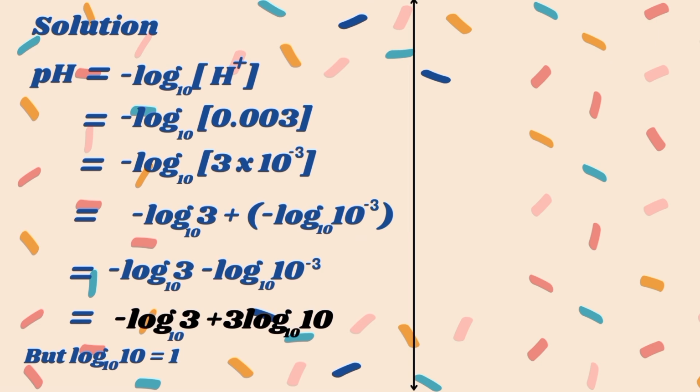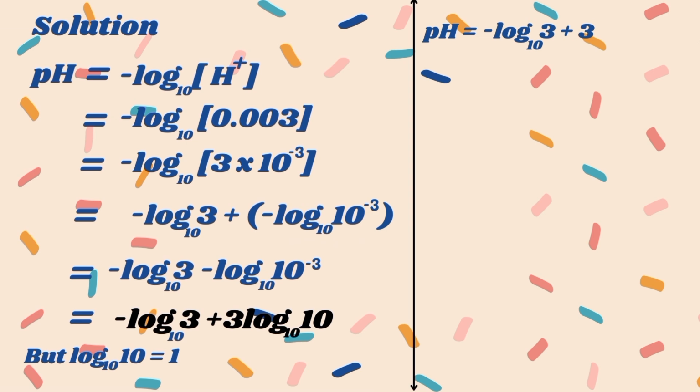And like I said earlier, you recall log 10 base 10 is equal to 1. So anywhere we have log 10 base 10, we replace it by 1. We have pH equal to negative log 3 base 10 plus 3, because log 10 base 10 is already 1. So that'll be 3 times 1, which will eventually give us the same 3 you're having there.